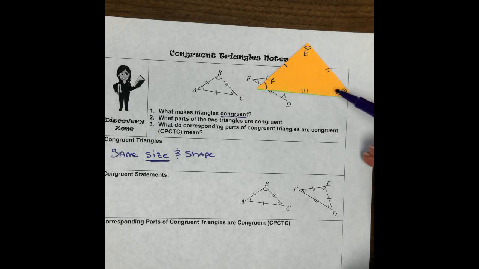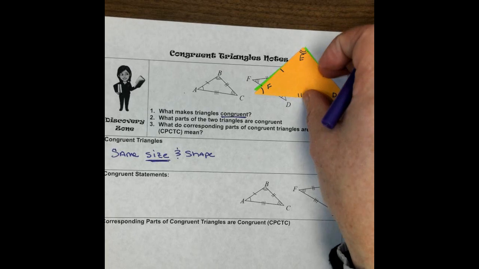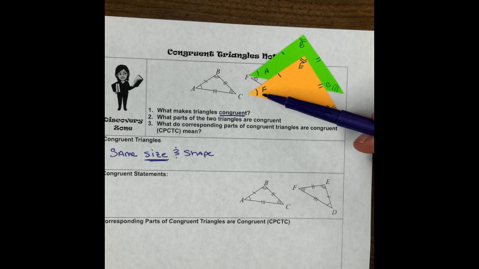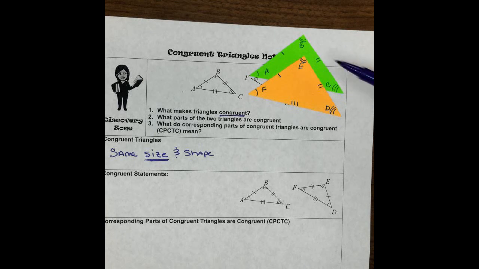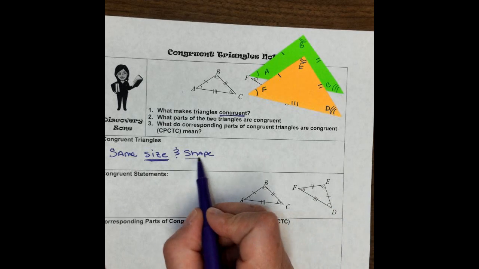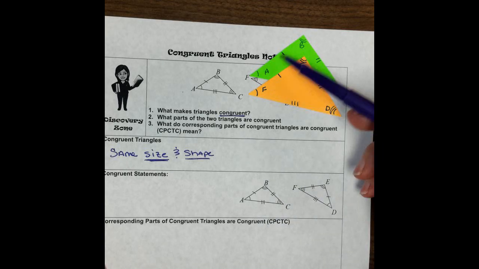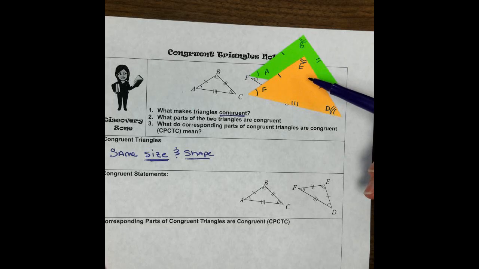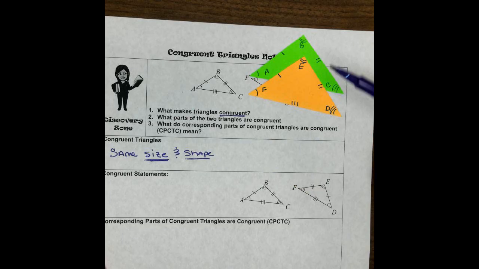And all of the angles have corresponding angles of the same measurement. So A and F are the same, B and E are the same, and C and D have the same measurement. So that's the same size, same lengths, same angles. And then shape. Well, this is a triangle. So these two triangles have the same shape and the same size. So that will make these two triangles congruent.